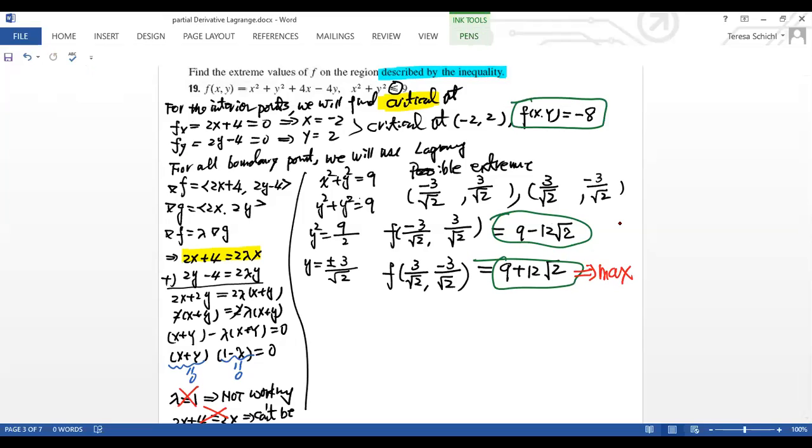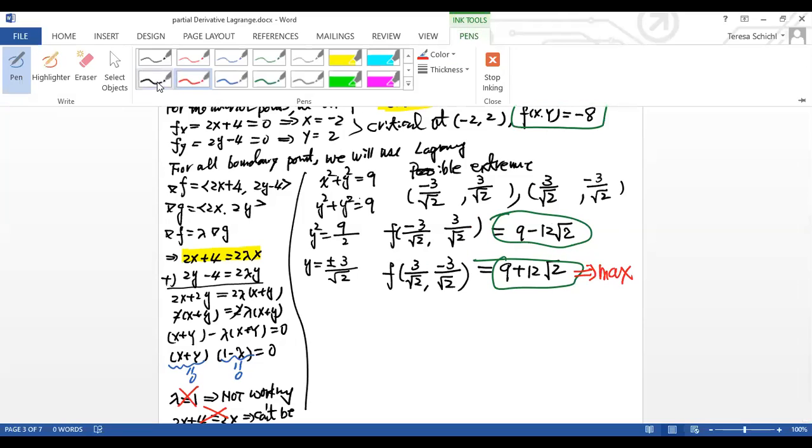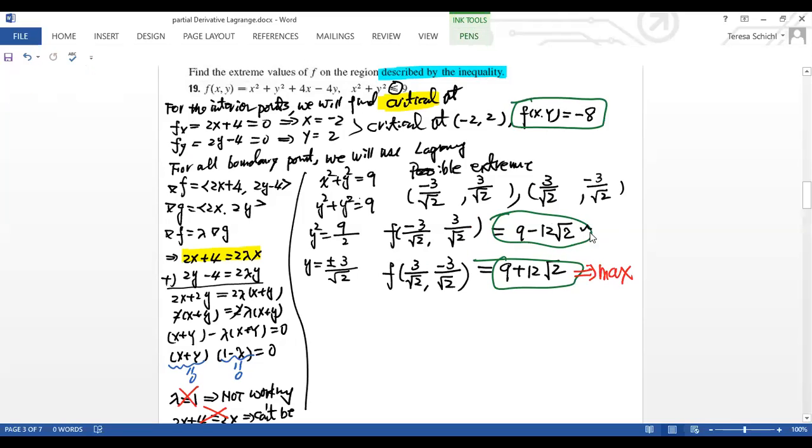What is this value here? 9 minus 8... let's see here. This one is going to be equal to negative 7.97, pretty close.